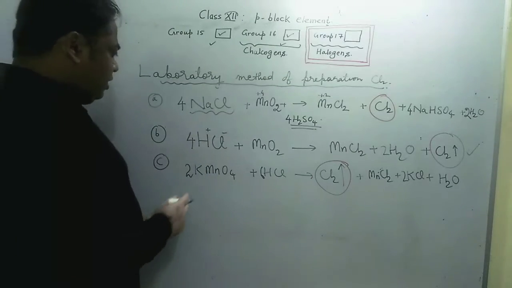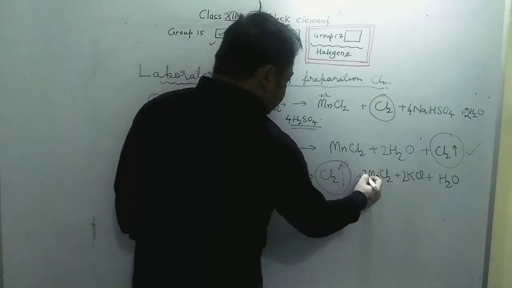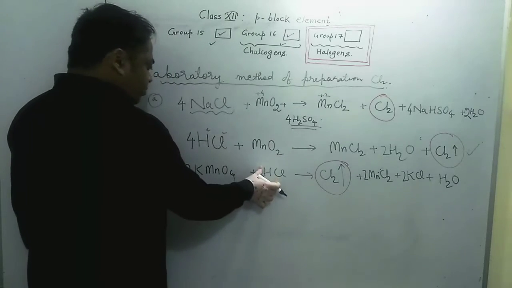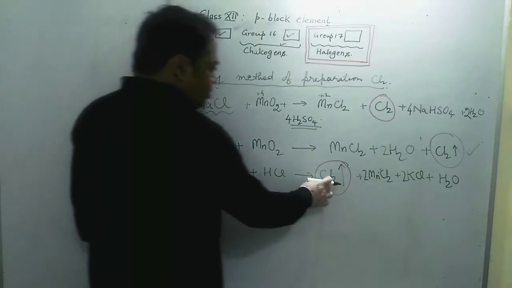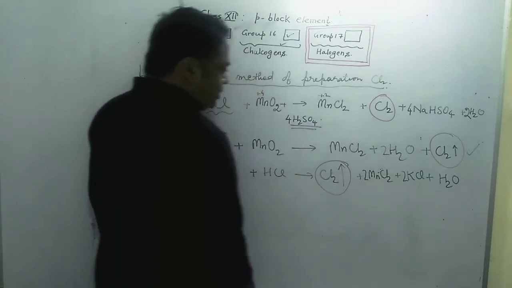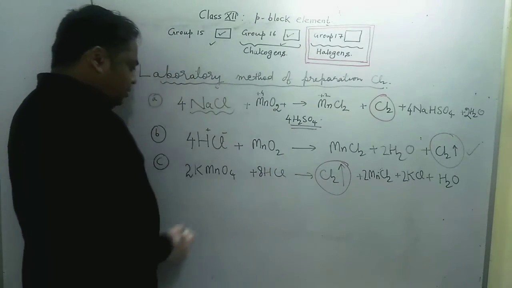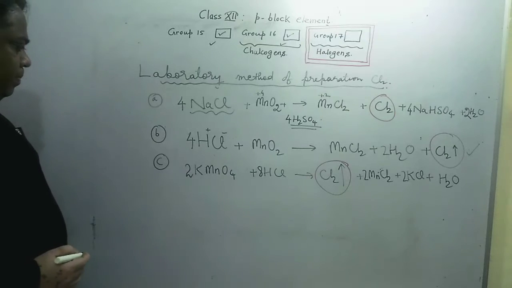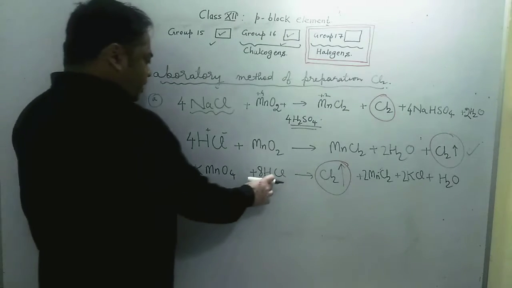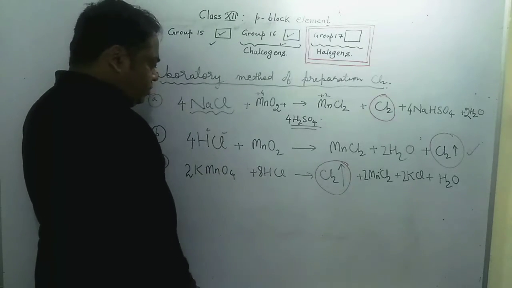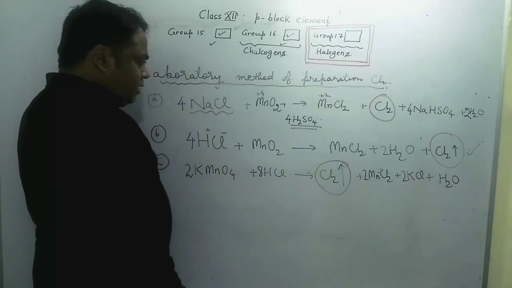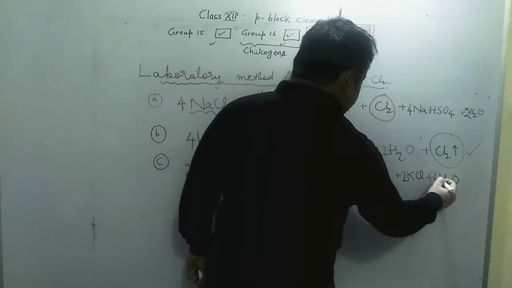If I make it 2, then Mn becomes twice. We'll make it 2. Now again we have to revisit and see 2, 4, 6 and 7, 8. So it will become 8. Okay, now here 8. Hydrogen is there, so we'll make it 4H2O.